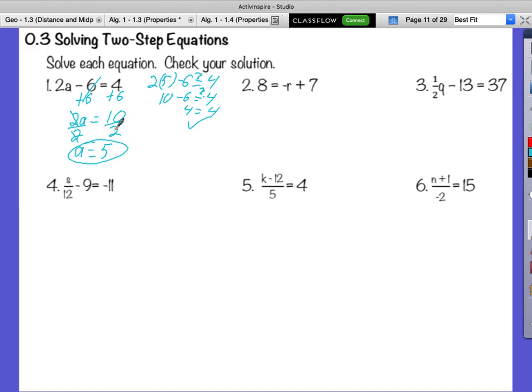So we would start out with plus 7. Minus 7. So, how did you get r? Let's leave it as negative 1 times r. Then do this number. What's 8 minus... okay, so you subtract it from the r.